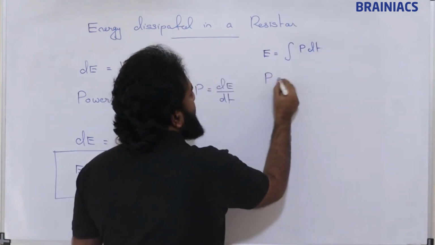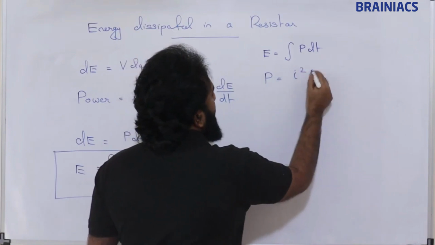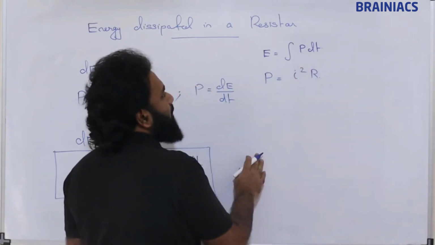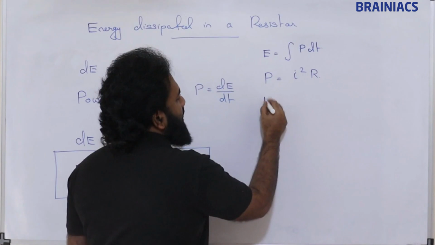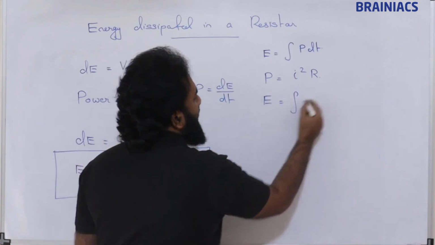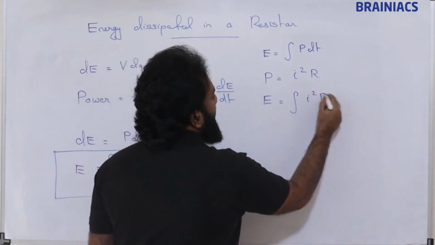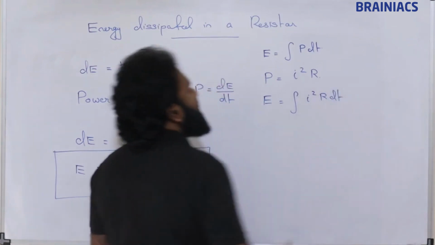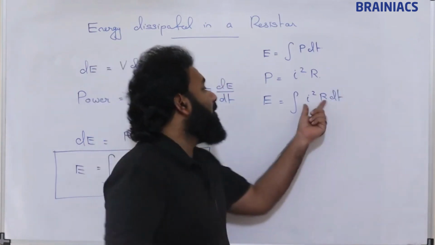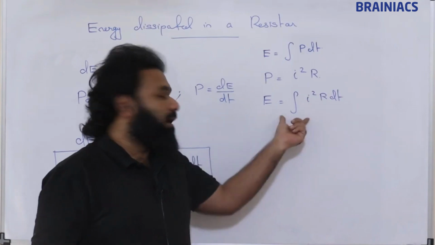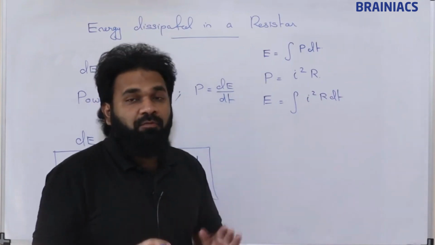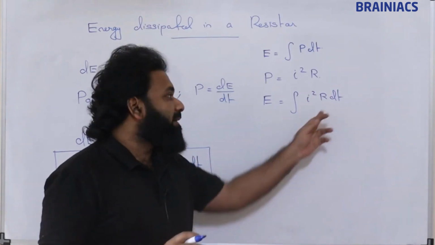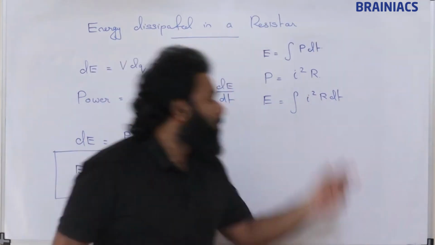Suppose P is equal to I square R. Now E is equal to integral I square R into dt. Now which values can we take out? Those values which are constant we can take out of the integration.